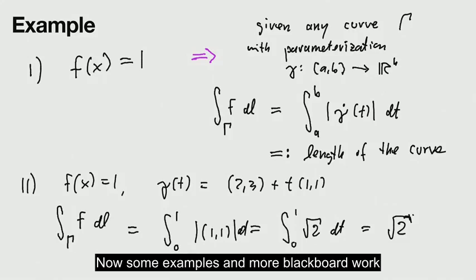Then this integral over gamma of f dl is defined as the integral from, in this case, 0 to 1 of f(gamma(t)) times the speed.